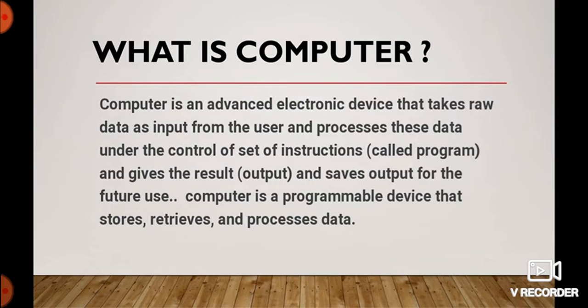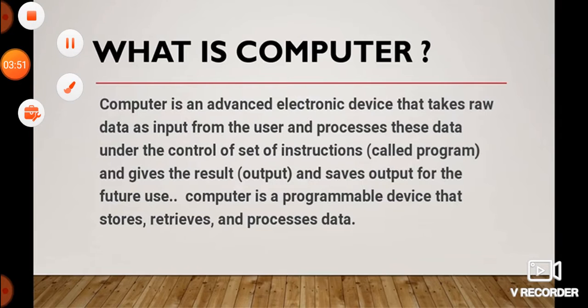After getting data and instructions, it processes the data according to the given instructions, and at the last, after calculating the result or performing the task, it sends the output to the output device, and we can see the output through any output device. If we want to store the output, we can store it. Okay, so the computer system works on the IPO cycle.